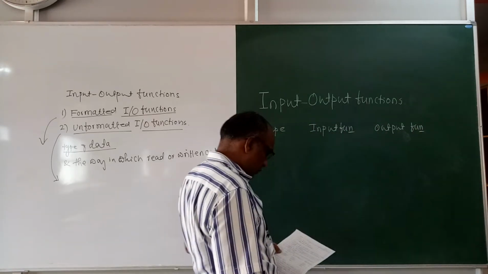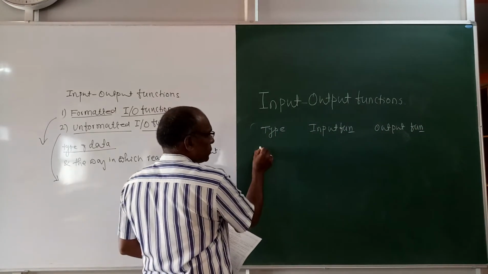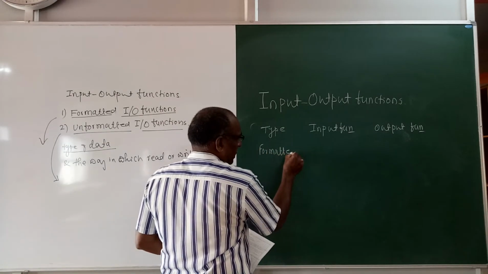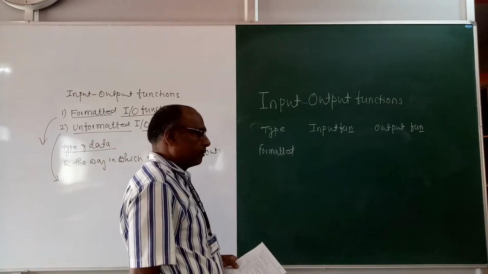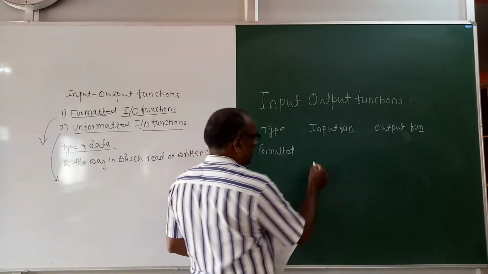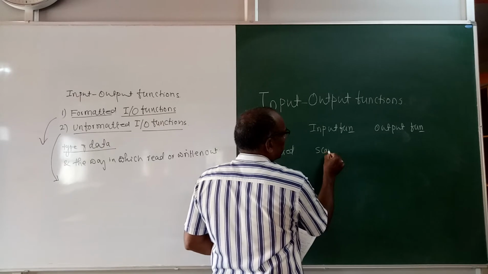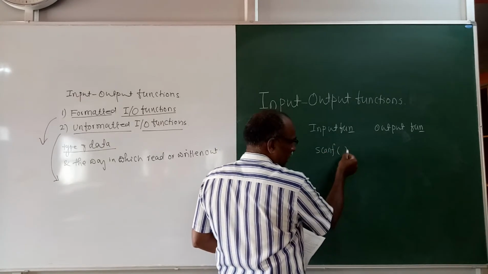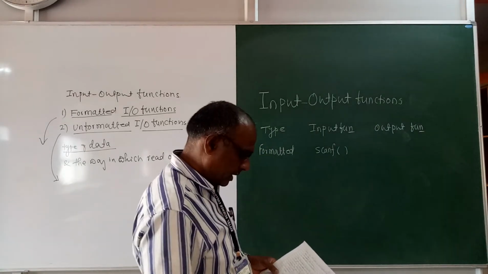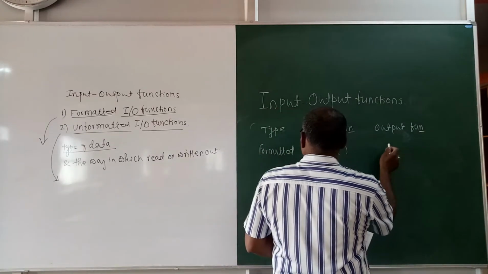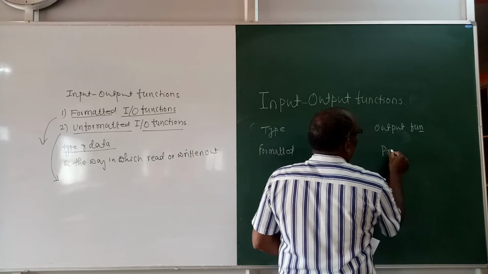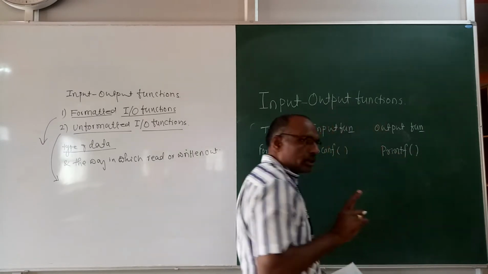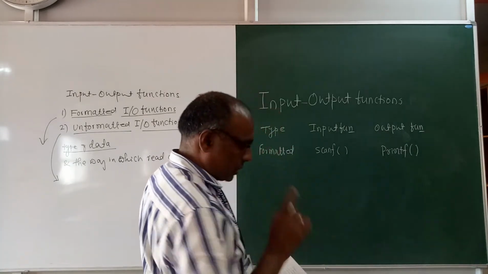The type formatted will have a proper format. We are discussing that in detail. So scanf, where the parenthesis is a must, left and right, and for output, formatted printf. And every user of C language uses these.